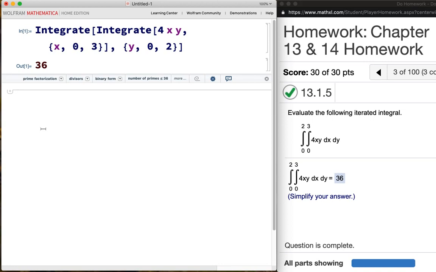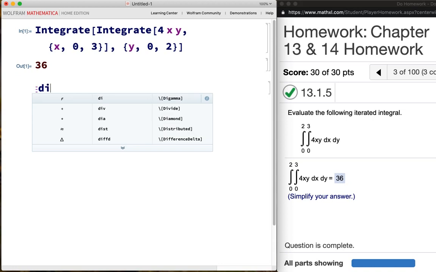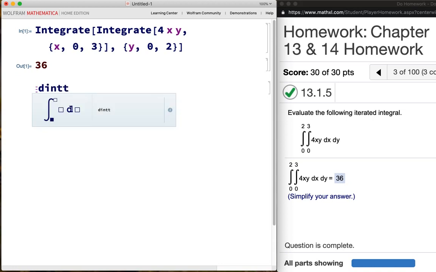The other way of doing it is escape dintT escape. Then inside, in the integrand, the inner part of the definite integral, we're going to repeat the process: escape dintT escape again.